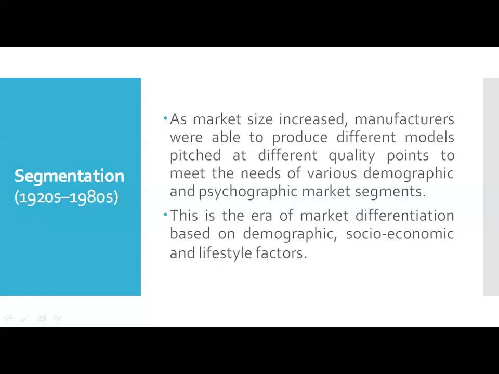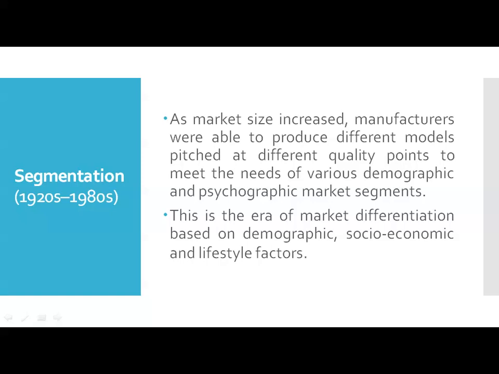Then is mass marketing. As transportation systems evolved, the economy became unified. Standardized and branded goods were distributed at national level. Manufacturers tend to insist on strict standardization in order to achieve scale economies with a view of penetrating markets in the early stage of the product life cycle.